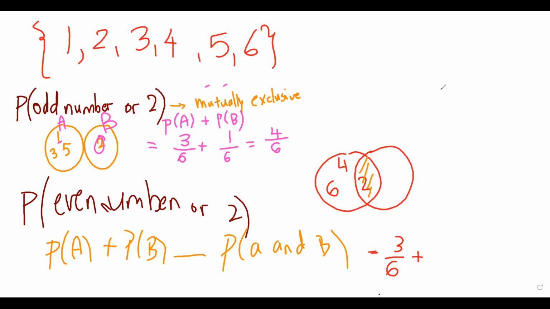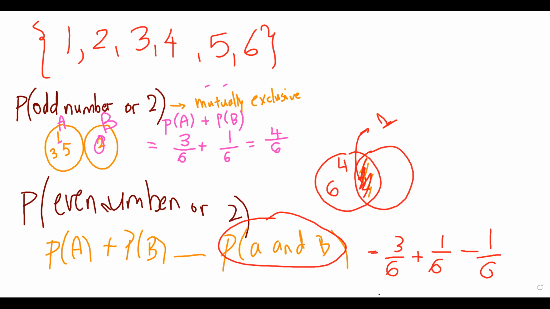In event B, getting number 2, how many outcomes? 1, over 6. Now, minus the probability of A and B. What is the number that is common between these two events, even and 2? Number 2, so only one outcome. So minus 1 over 6. And the final answer will be 3 over 6.